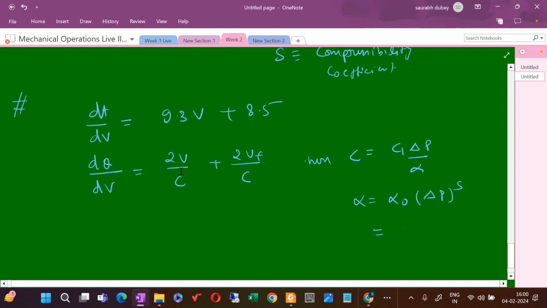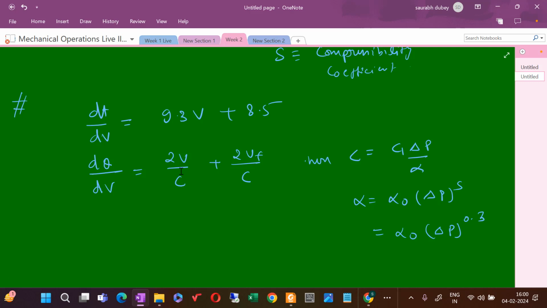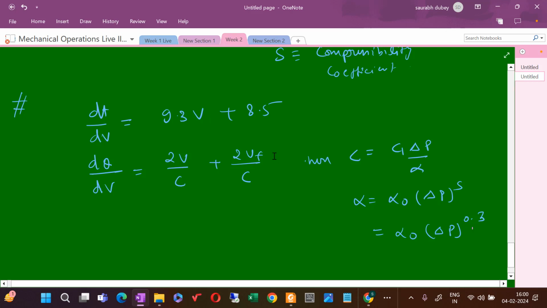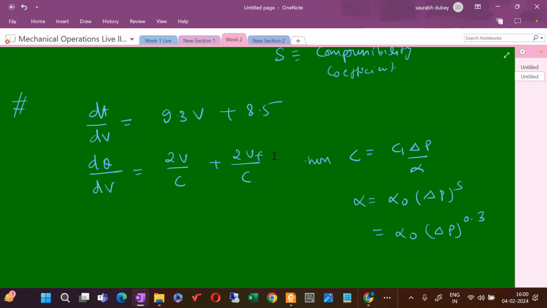So here it is alpha 0 delta p to the power 0.3, as given in the problem, and the alpha 0 and delta p terms will have their own values. When you go a bit ahead, what will be the case?